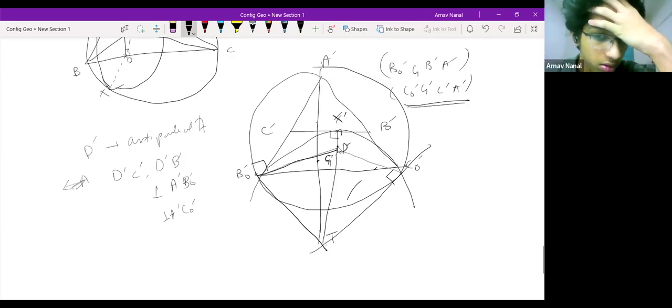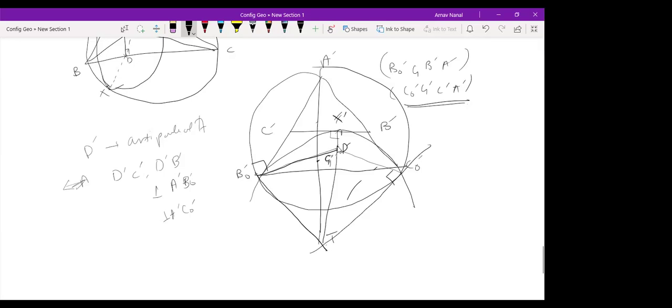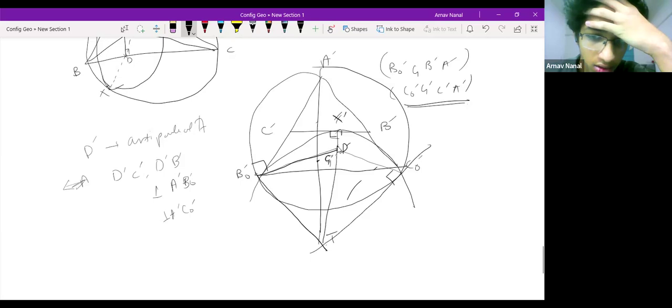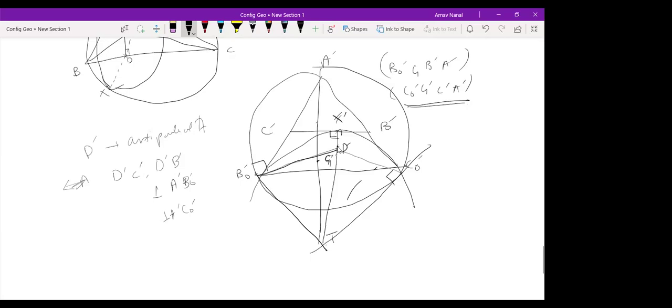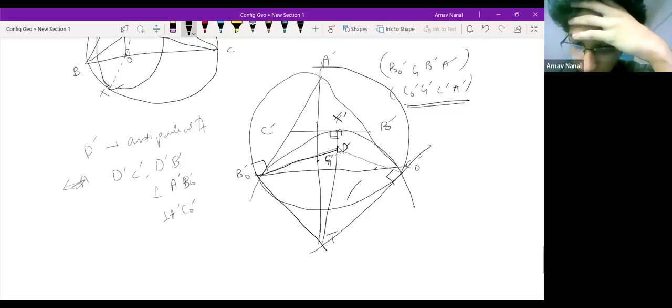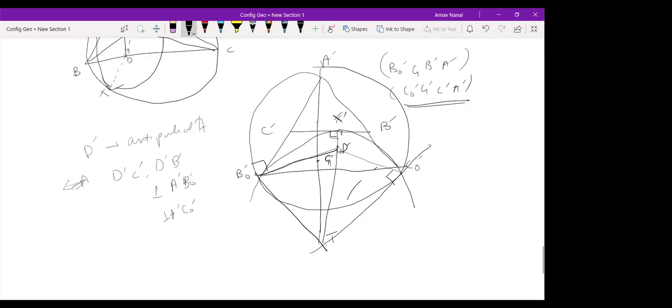Yes, Simpson line, from there it follows. No, because he's asking why TX is perpendicular to this thing. It implies that X dash, D dash and T are collinear, because we know that D dash T is perpendicular to B naught C naught.